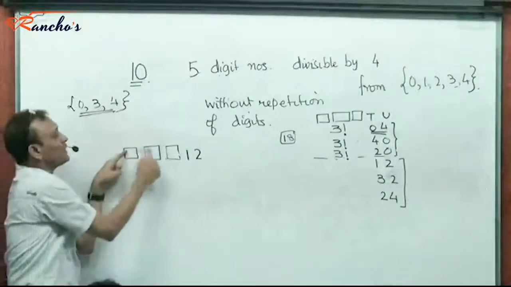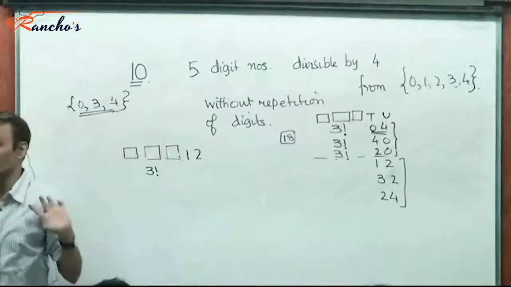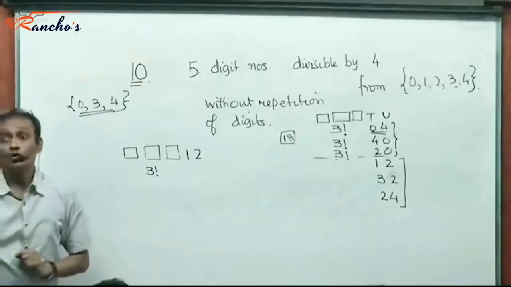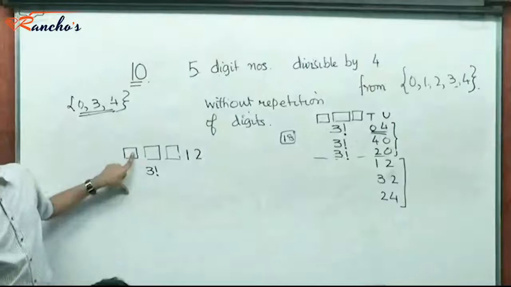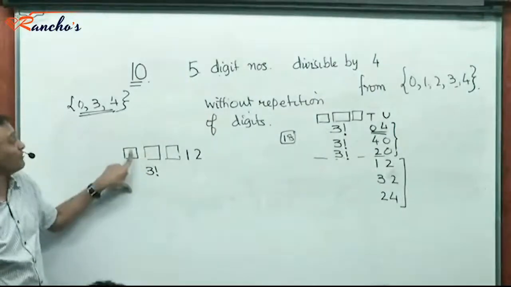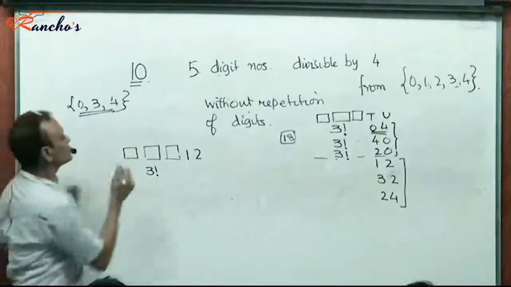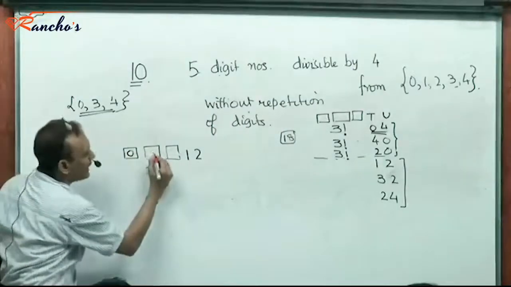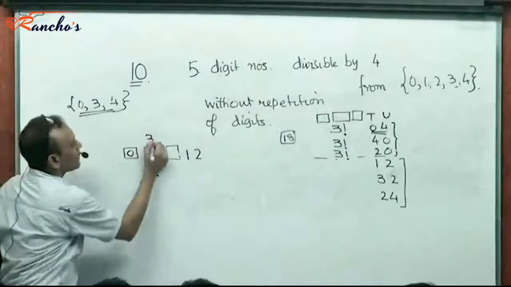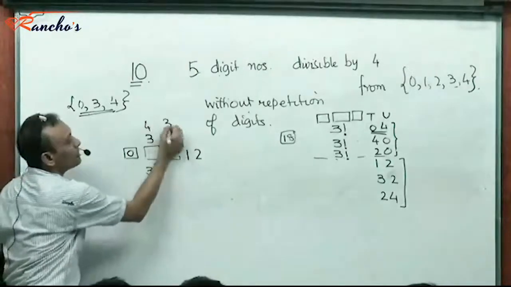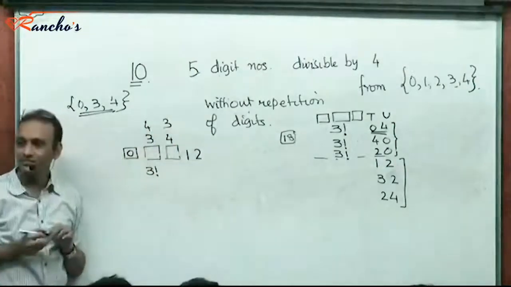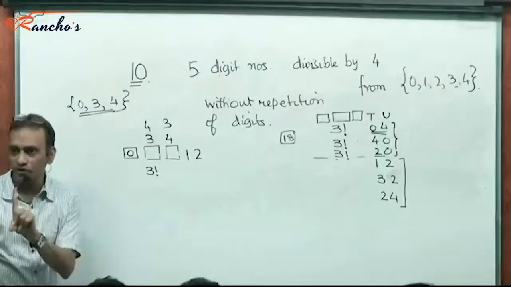So these 3 can fill up these 3 spaces in 3 factorial ways. But 0 in the first place has to be excluded. So from this 3 factorial, I will have to exclude those cases in which 0 appears here. Right? So if 0 appears here, then the remaining 2, let's say, could be either 3, 4 or 4, 3. So these are 2 cases. I have to exclude 2 cases from 3 factorial.